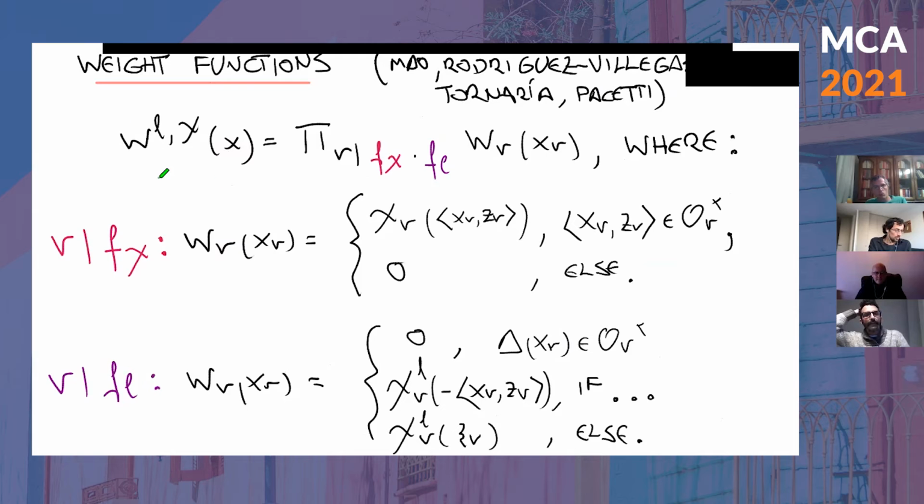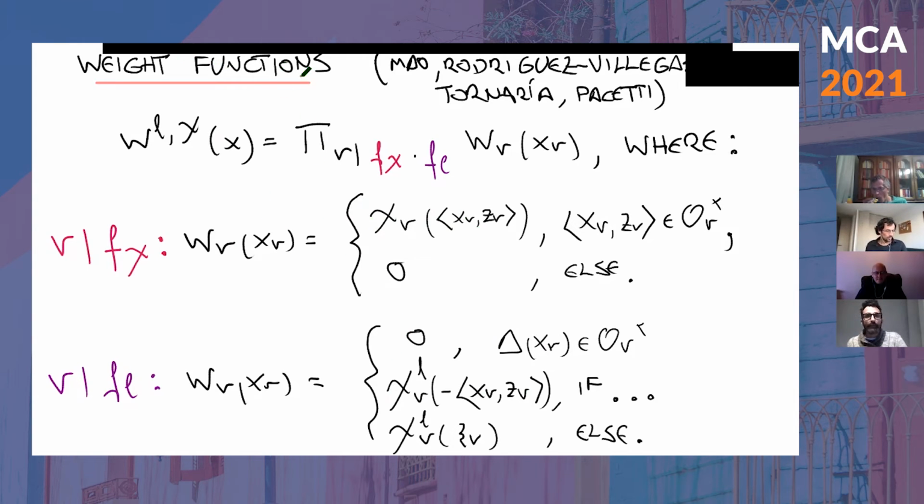So these wave functions are defined locally as products of local wave functions, which are defined in one way or another, depending on whether you are inside the conductor of the character or inside this auxiliary discriminant L. So here's where you use our auxiliary character, and here's where you use L. And they are defined by evaluating these characters at certain inner products, where there are some auxiliary vectors here. Never mind about that. This is what they look like.